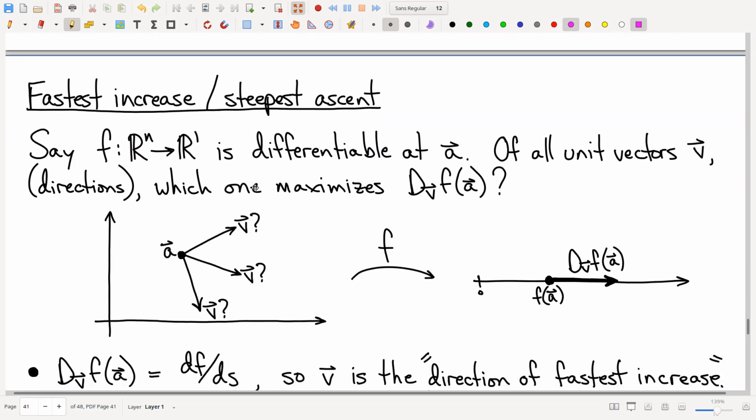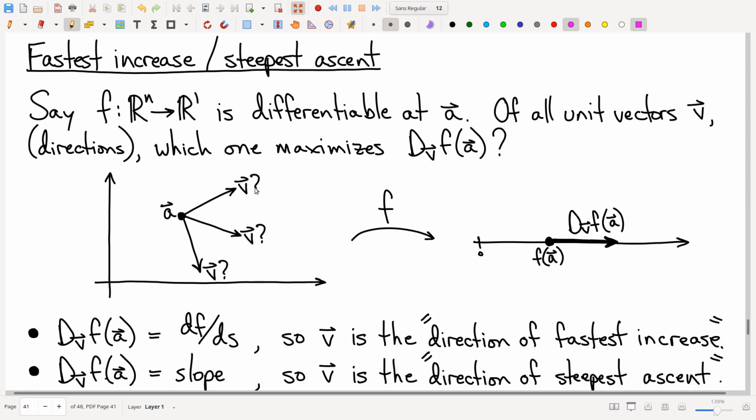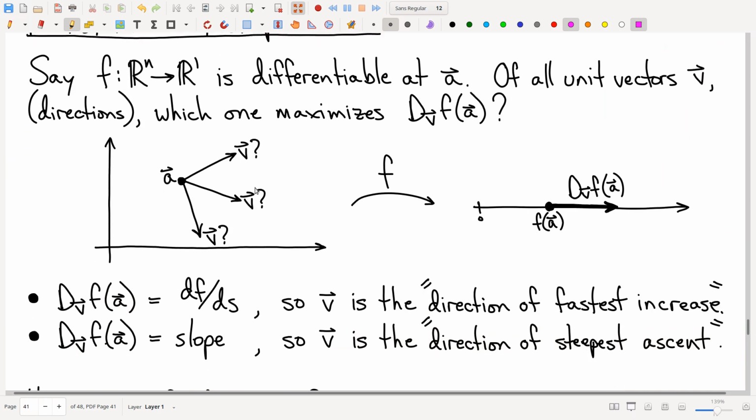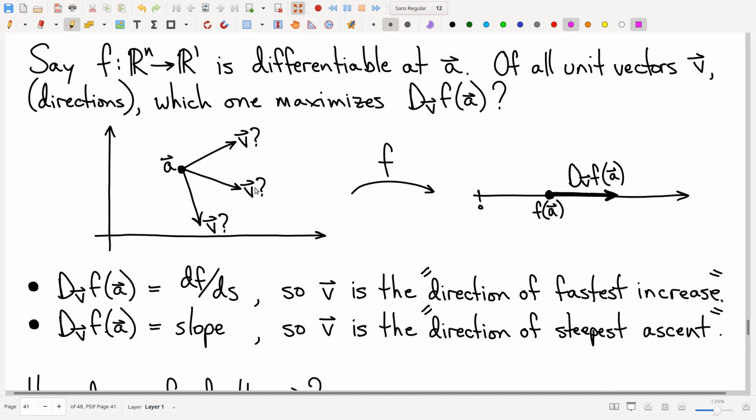Right, so moving along. Next thing, we're going to consider a very natural question. We're going to think about this scenario where we have a multivariable function, differentiable, so we can use nice theorems about how to compute things.